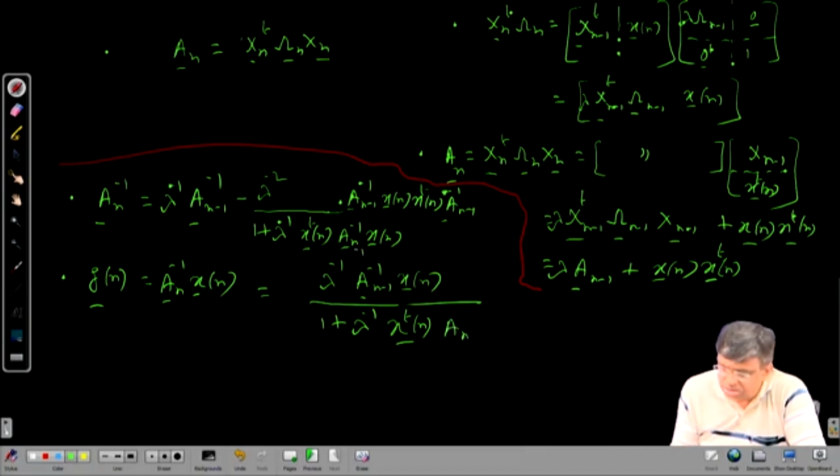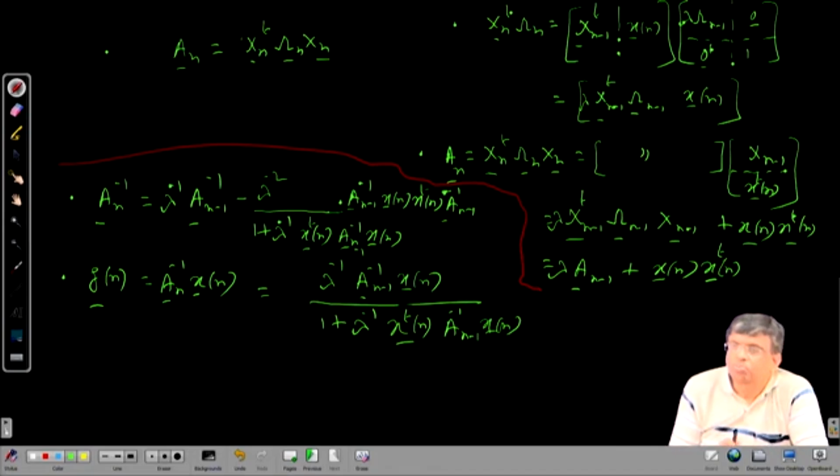This is n minus 1. Lambda inverse by this denominator and these first two terms. That was Gn, the gain vector.